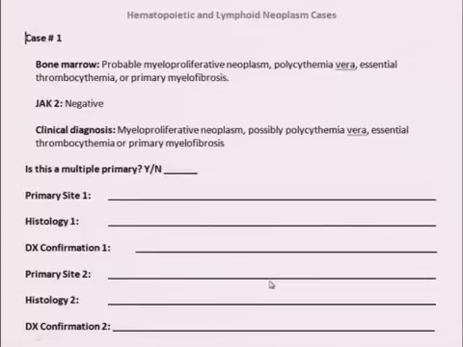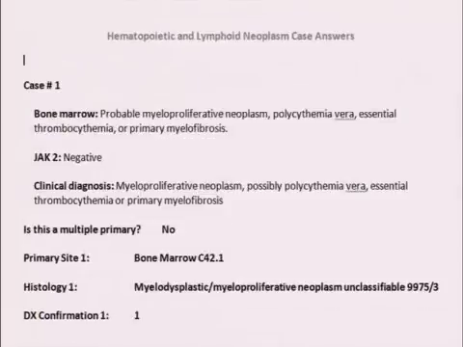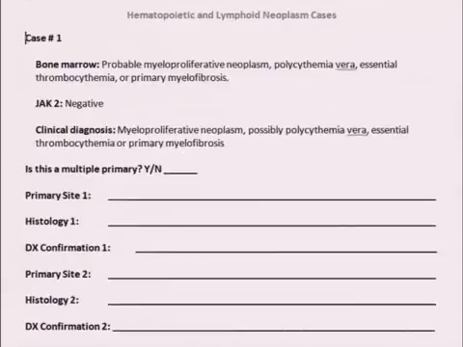We already talked about this case now. Do we know how to code this yet? Do we know what condition this is? Is it myeloproliferative, polycythemia vera? Do we know? Still don't know yet. But we know now that we can use the tools and look in the database for some clues, right? So that's what we're going to do.